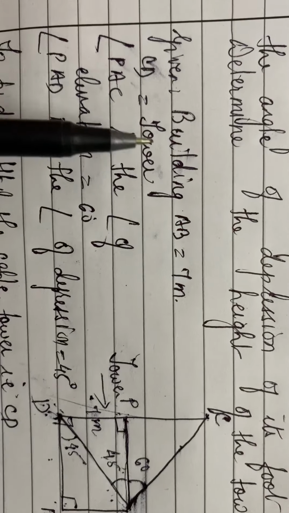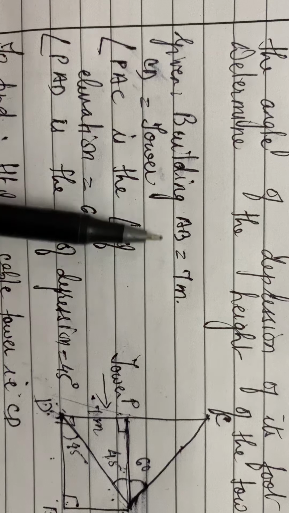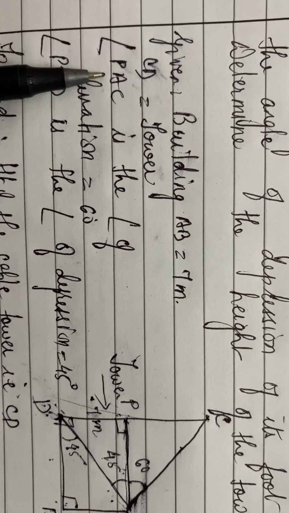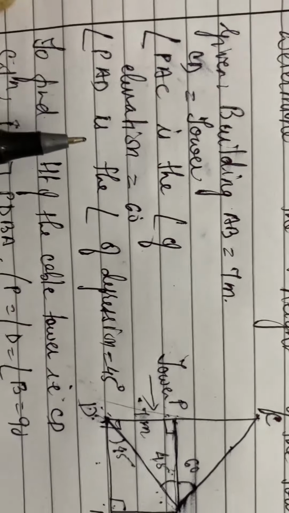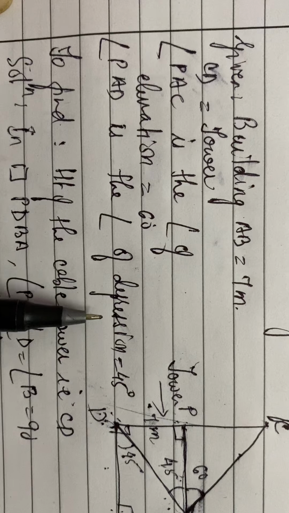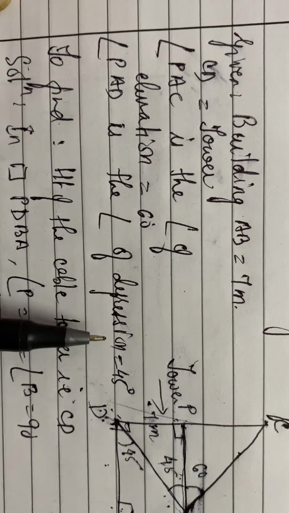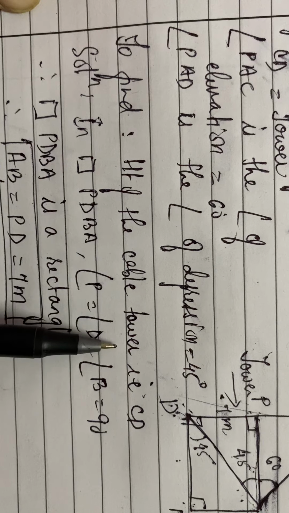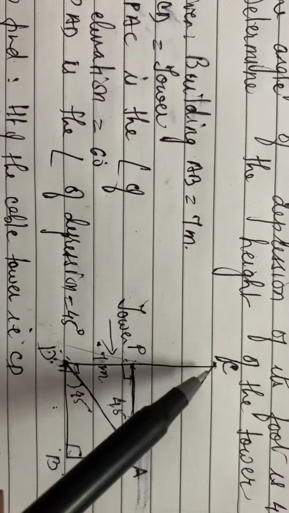Fine. So, in given we have written AB is your building which is of 7 meter. CD is the tower. Angle PAC is the angle of elevation which is of 60 degree. Angle PAD is the angle of depression which is equal to 45 degree. Now what do we have to find out? You have to find out the height of the cable tower, that is this length CD.